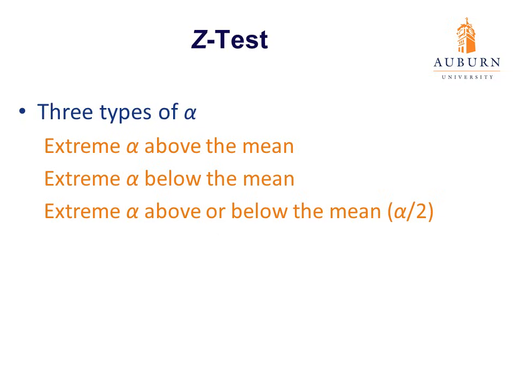And the reason we do that is because we have to pay a penalty for not knowing what to expect. That based on theory, we should have a good idea of whether or not our value should increase or decrease. And if we don't know, then we need to pay a penalty, and we make a more conservative test or more strict test, and we divide our alpha by 2 and look in both below and above the mean.